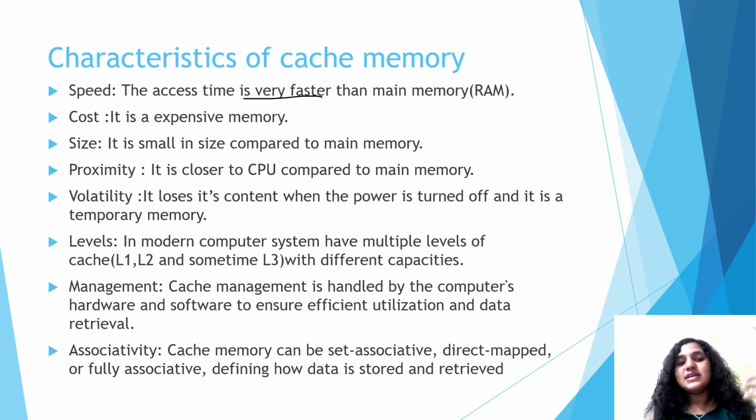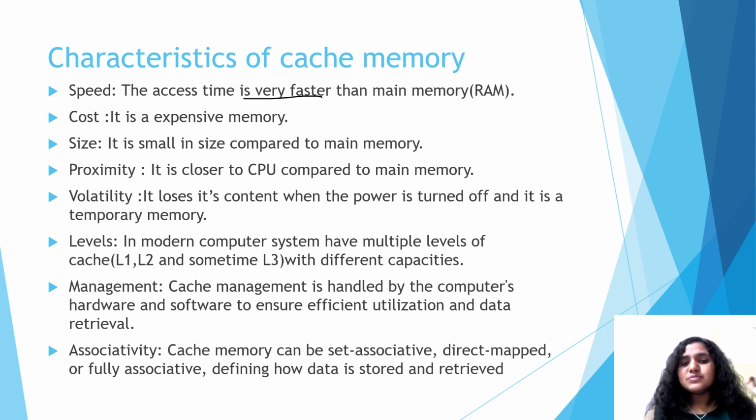And we will see a lot of levels in the cache. Modern computer systems have multiple levels of cache like L1, L2 and sometimes even L3 with different capacities, and cache management is handled by the computer's hardware and software to ensure efficient utilization and data retrieval.